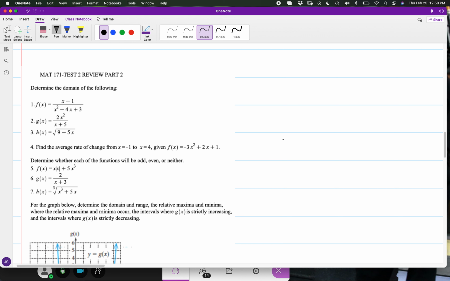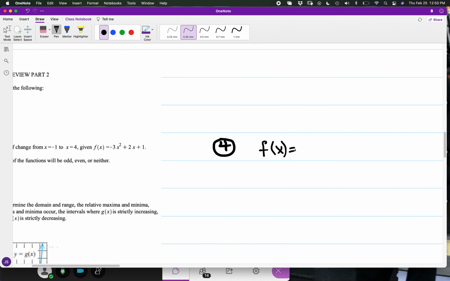And we have given the function f of x equal to -3x squared plus 2x plus 1.